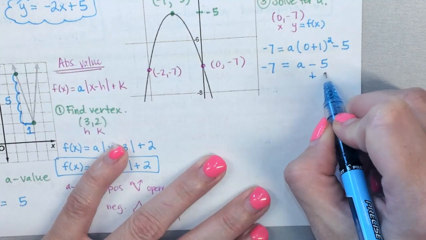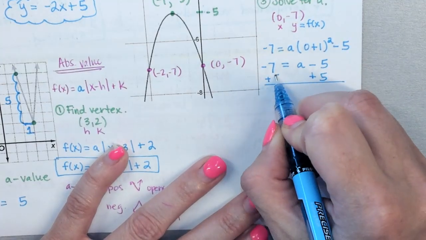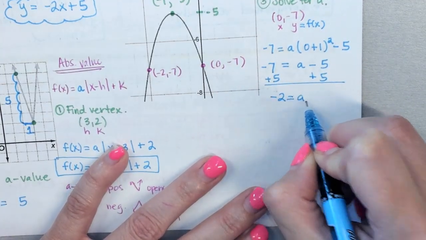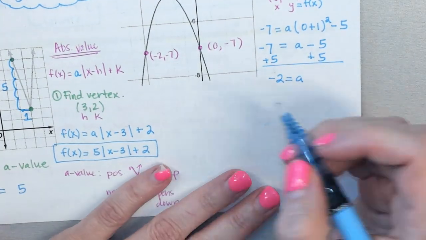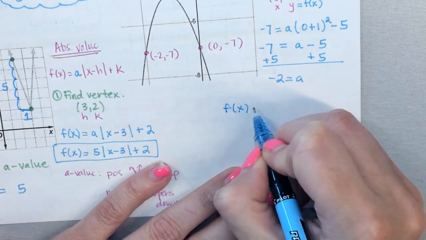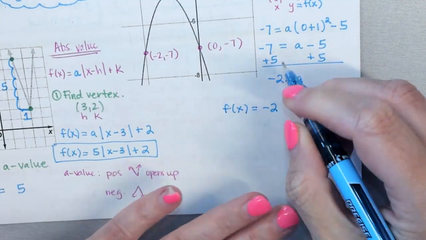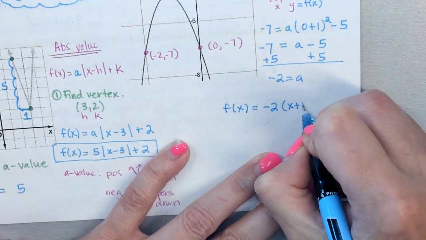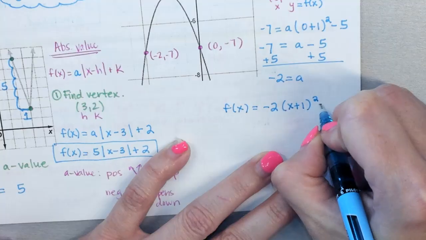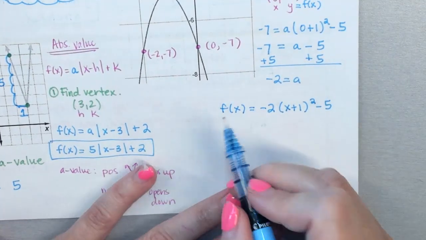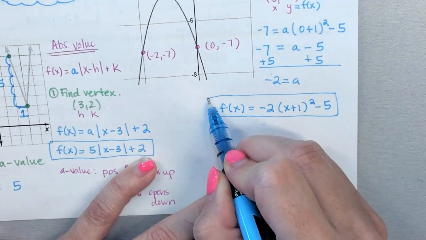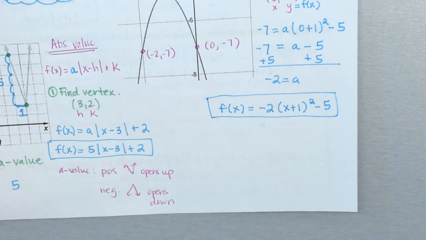Then your final step is just to add 5 to both sides. And then once you have that, you can put it all together. So your f of x is going to equal -2, which it should make sense to you that this is a negative because it is opening downward. So it should be a negative answer there.